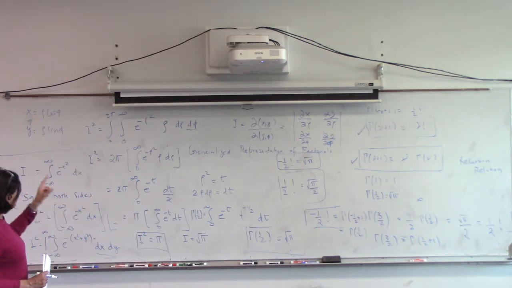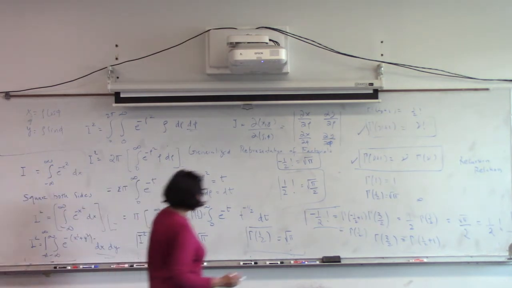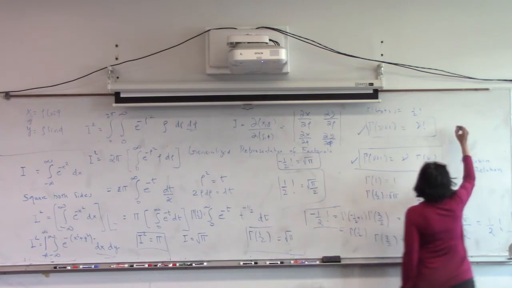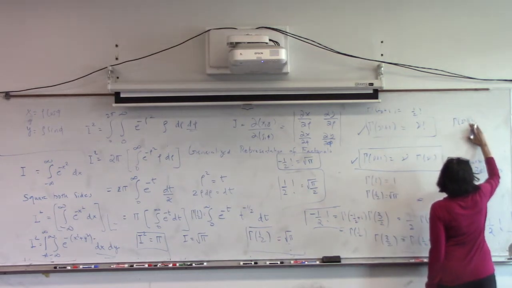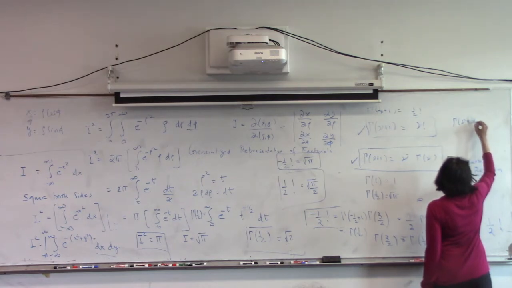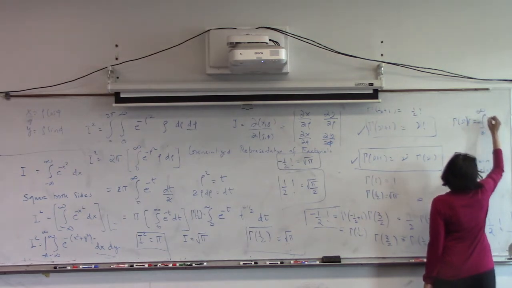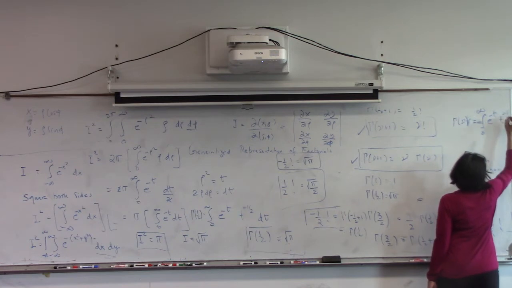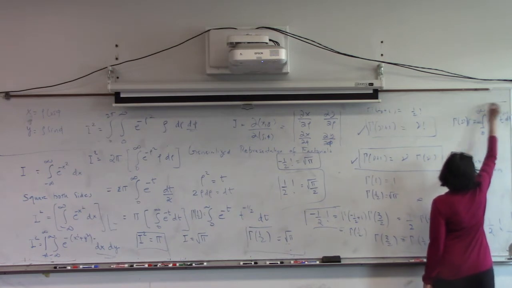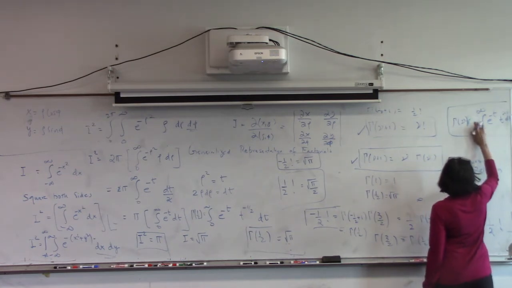So these are the only three things you have to know. Gamma of nu plus 1, which we calculated. Gamma of nu is the integral from 0 to infinity of exponential of minus t times t to the nu minus 1 dt. That's the definition of the gamma function.